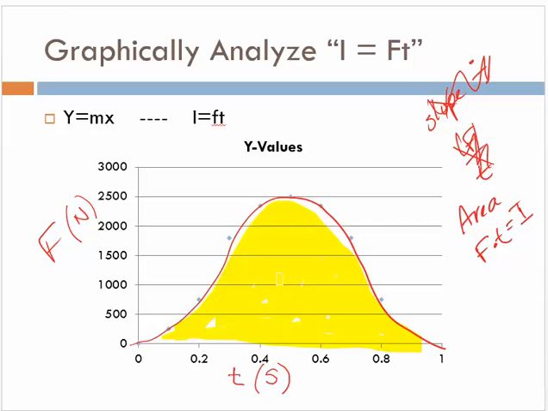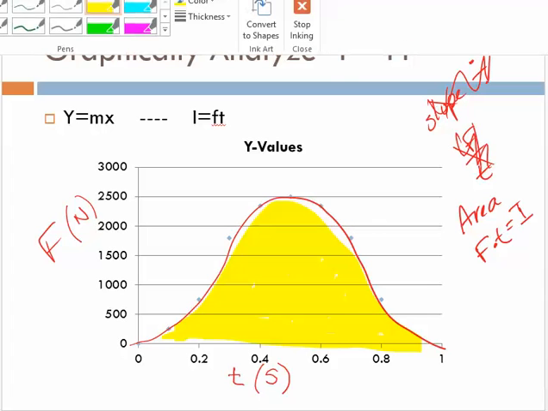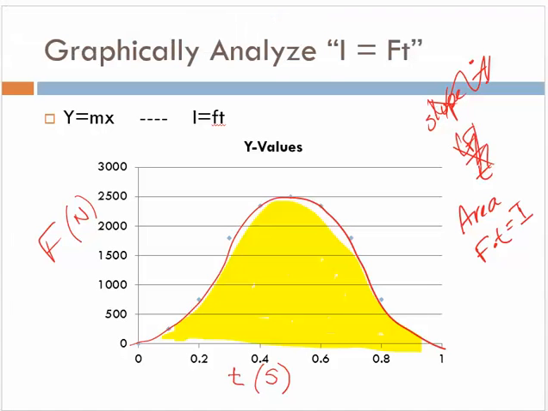Now, what I want you guys to understand is that we have a couple equations for impulse. Just like we have a couple equations for acceleration that you guys have used quite often, we've got a couple equations for impulse. One is this one, impulse equals force times time. But we also have change in momentum equals impulse, which means mvf minus mvi, the final momentum minus the initial momentum, that's the change in momentum, is equal to the impulse.